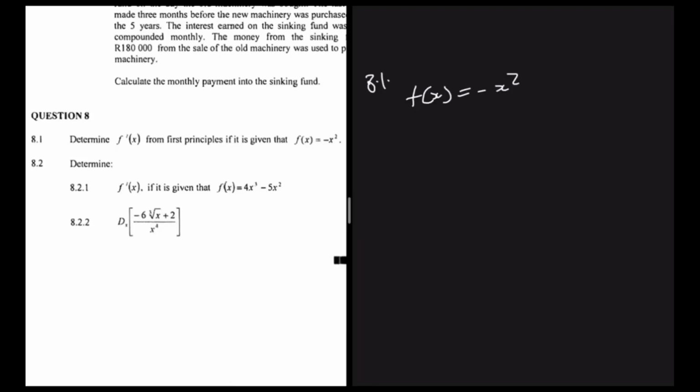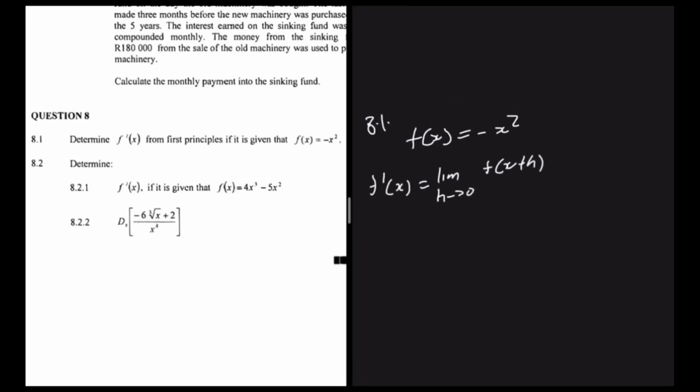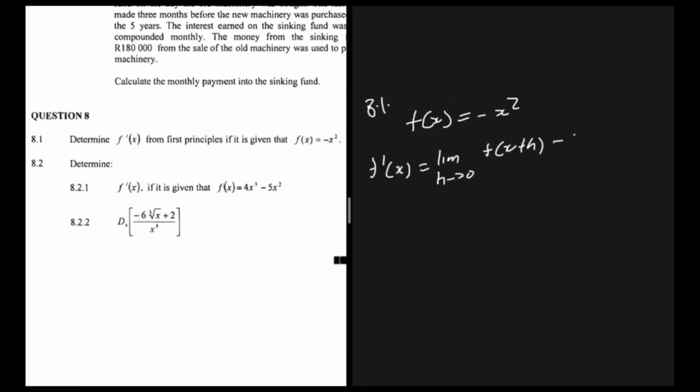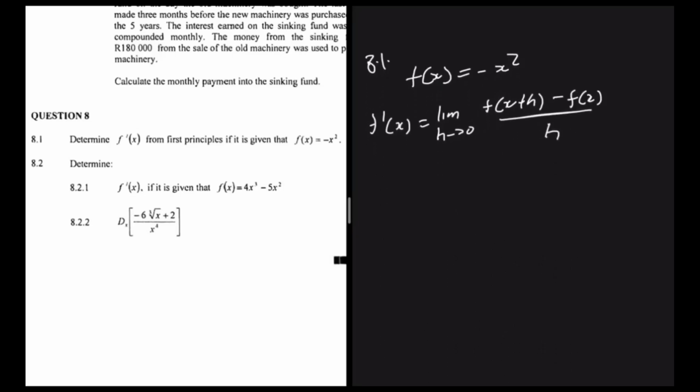We know that from first principles, f prime of x is equal to the limit as h tends to 0 of f of x plus h minus f of x divided by h. So now we have our function, we have our formula.